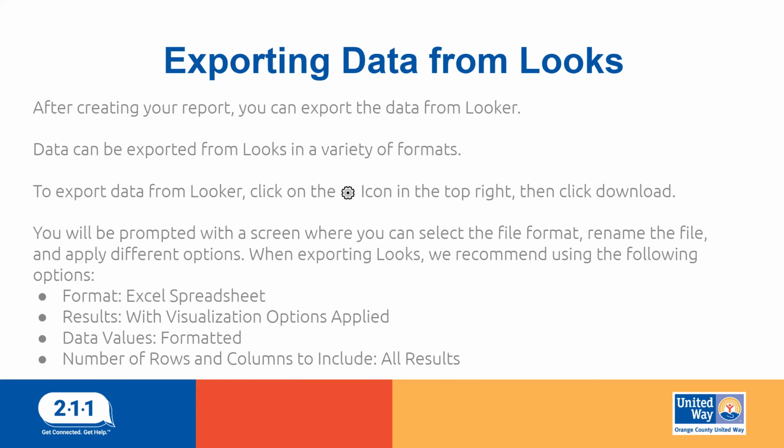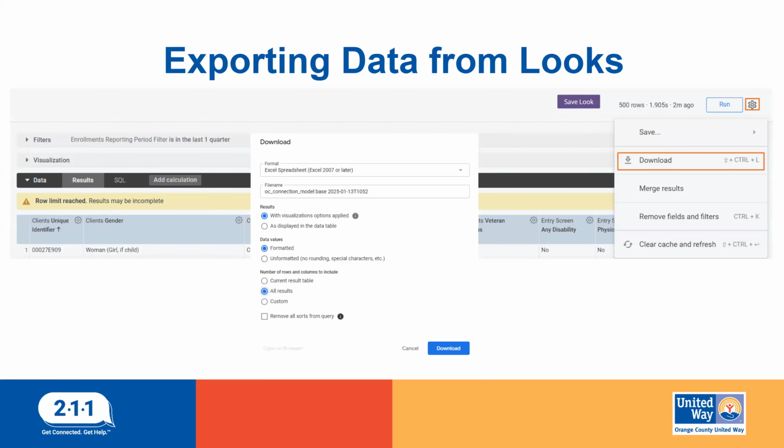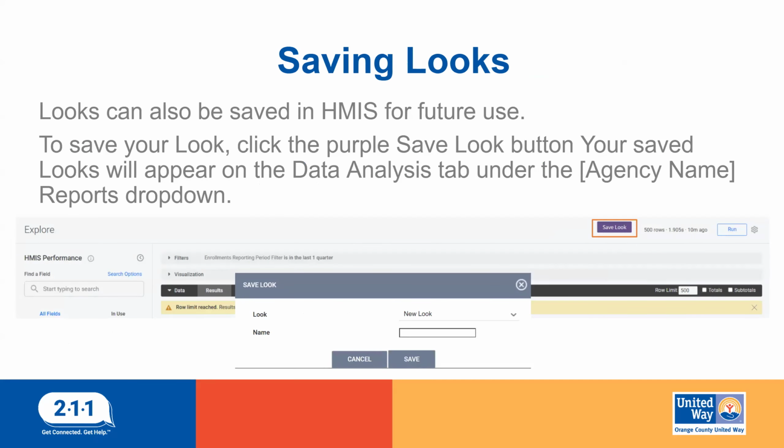You want to export as an Excel spreadsheet with visualization options applied, formatted data values, and all results. But it's totally going to depend on your needs. Maybe you want a different file format because you're going to import it into a different data tool. Just make sure you're selecting the right options for your reporting needs.